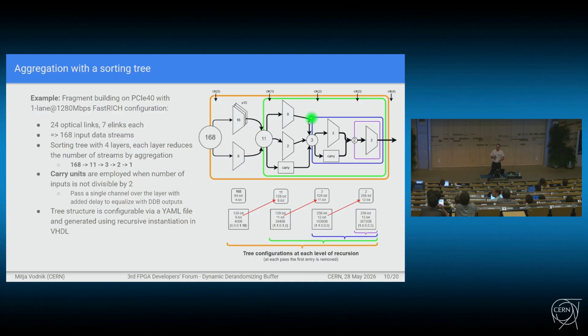So this tree structure is very configurable and very scalable. It's implemented as a recursion in VHDL, and the structure itself can be configured through a YAML file, and this is basically just fed as generics into the recursive design that generates this structure.